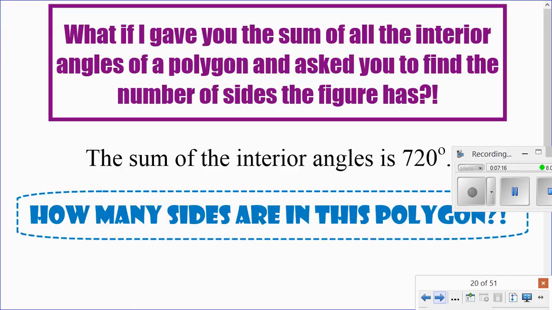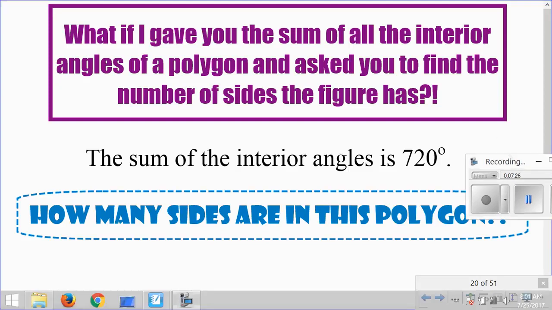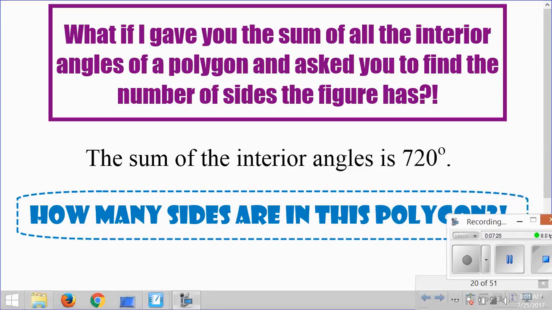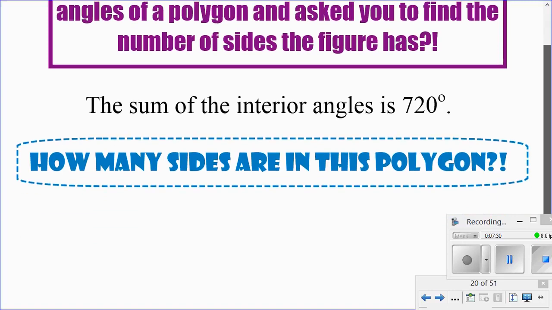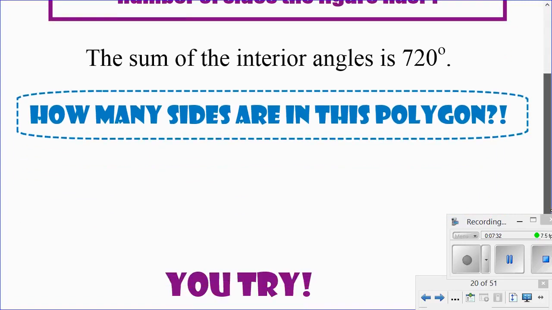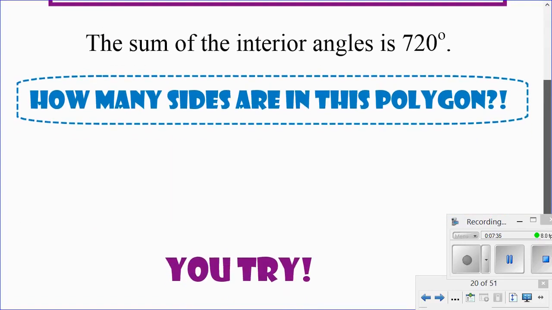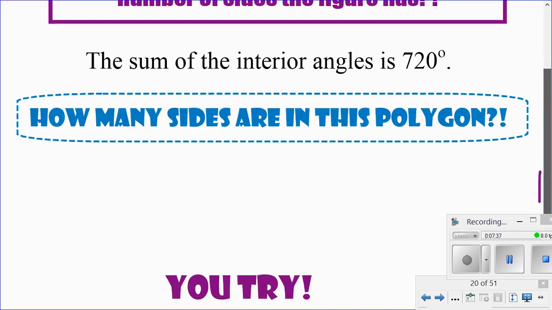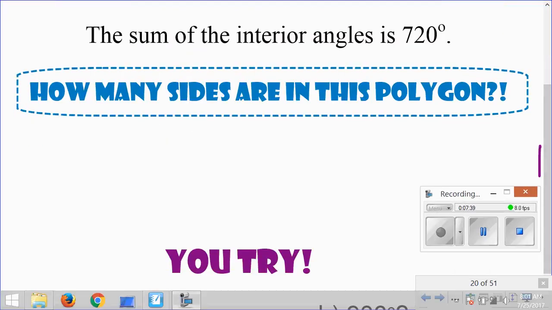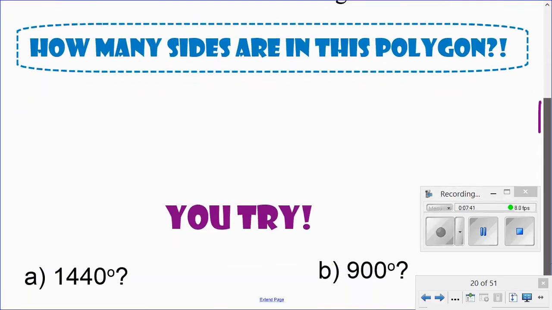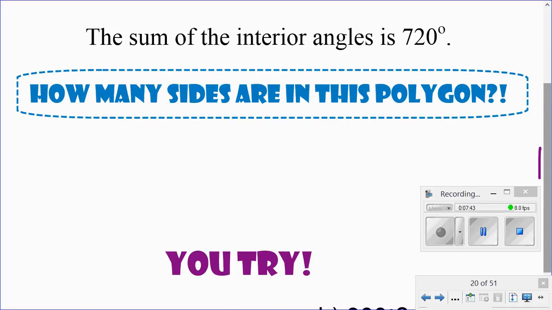Okay, so if I gave you the sum of the interior angles of a polygon and I asked you to find the number of sides the figure has, how would we go about doing that? Okay, so let's take a look. Let's think about our formula.